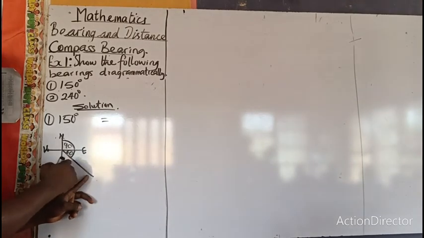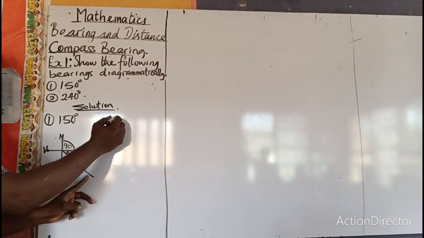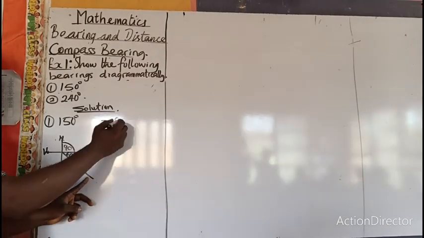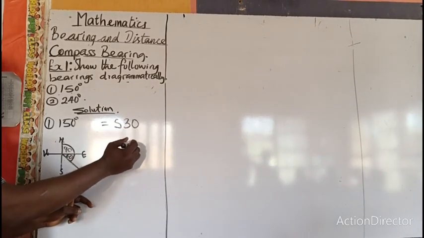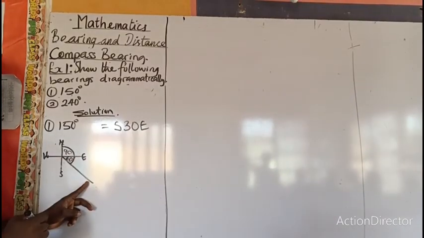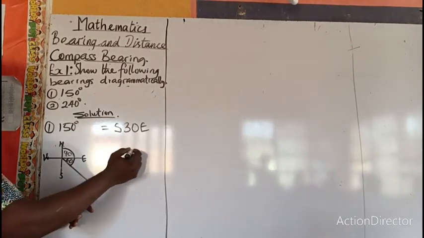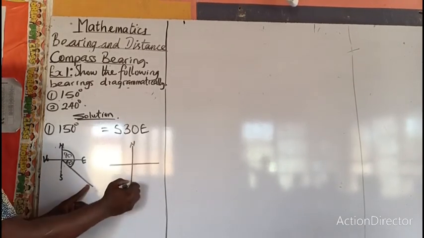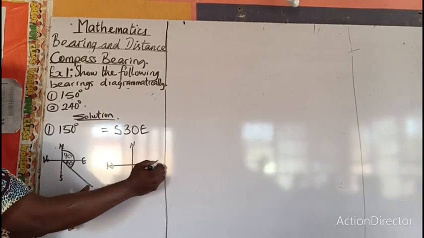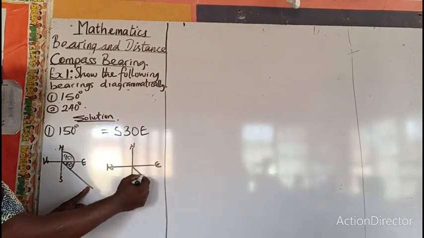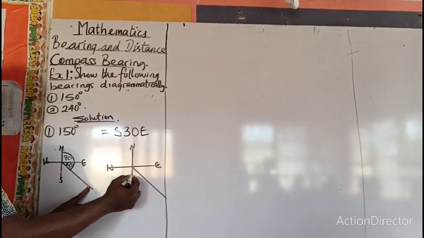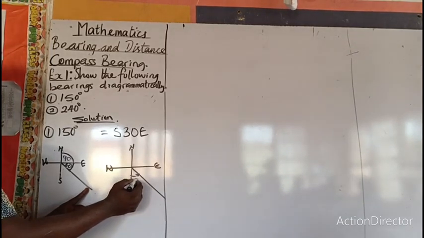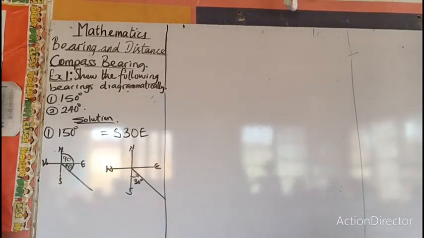Which means, if I want to write this down, I will call it south 30 degrees east. And if I'm not going to draw that diagrammatically, I have north, south, west, east. The angle is here, but it's from south: south 30 degrees east. Do you understand? Yes, sir.